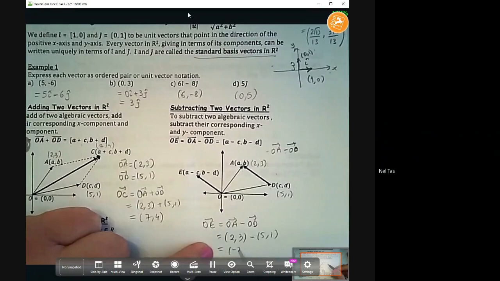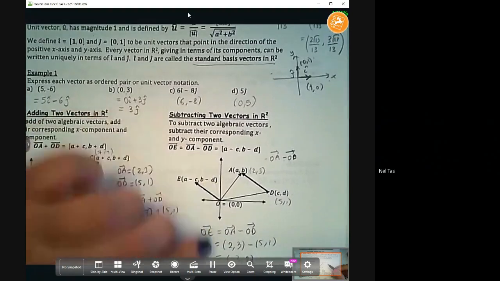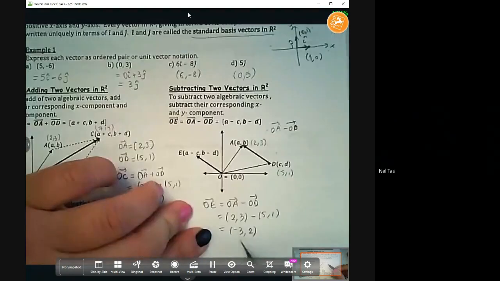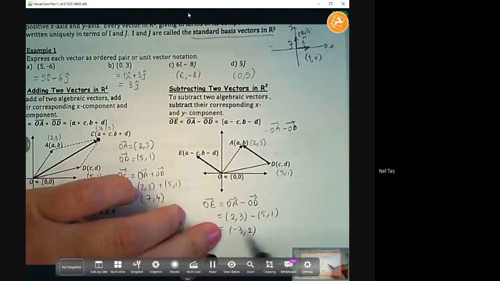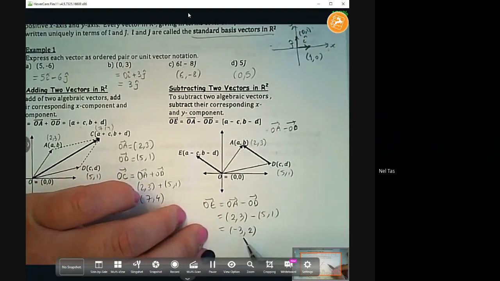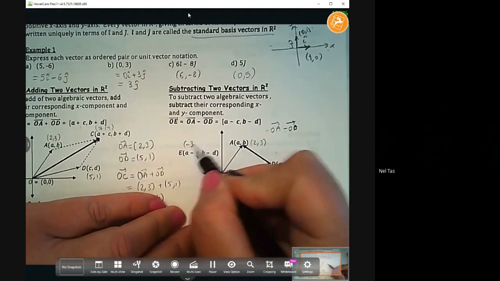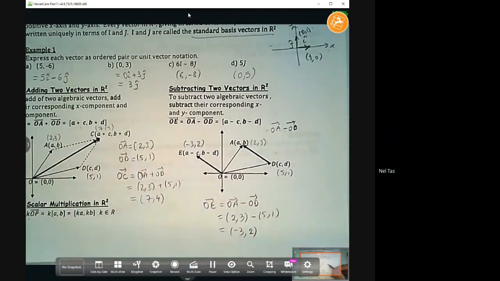So you get negative 3 and 2. As you see, this is a position vector. This point, if you think of it as a point, is the head of the position vector where the tail is at the origin. So this is then negative 3 and 2 in this case.